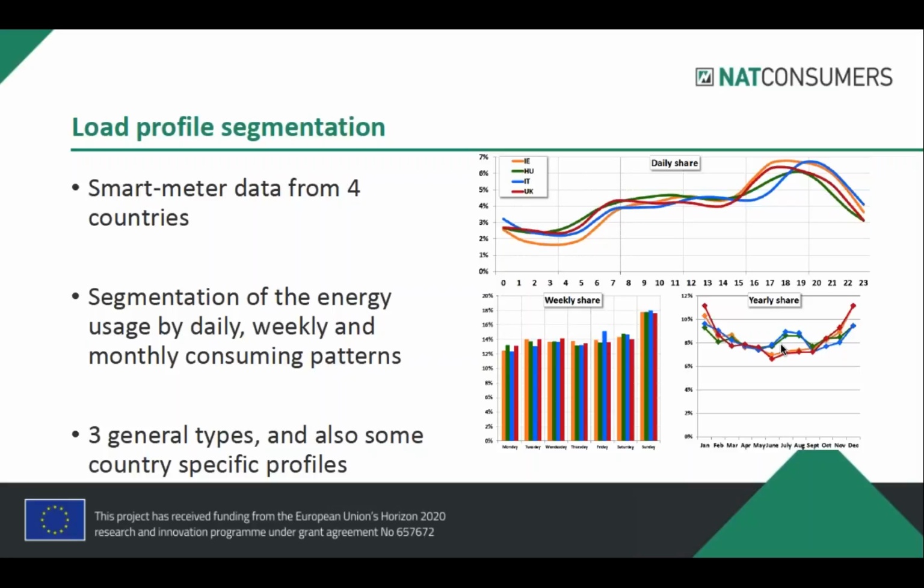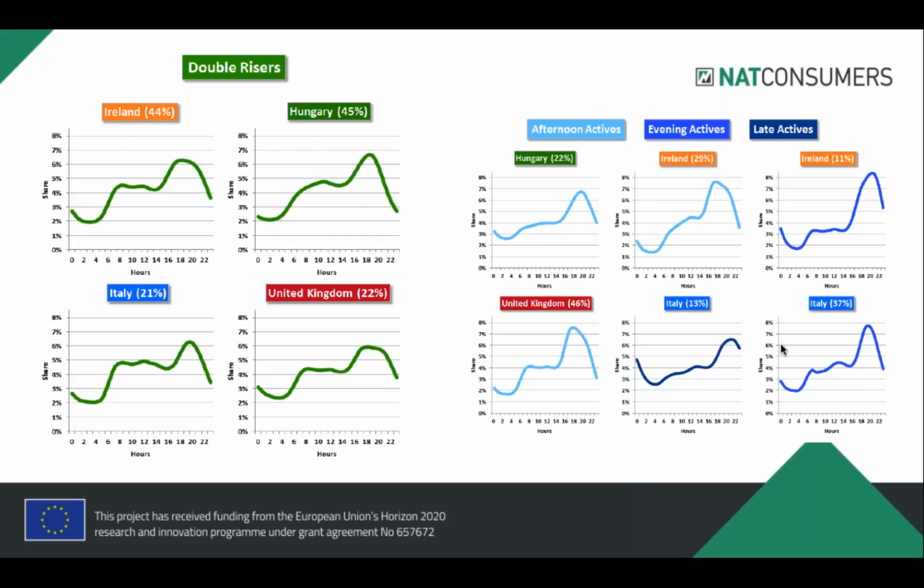Of course, in Italy, for example, it's because of air conditioning in the summer. We found 3 general types of load profiles and also some country-specific profiles. Very briefly, I won't go into details. There was a load profile we called double risers. This was the biggest load profile in Ireland and Hungary. As you could see, they have two steps in their consumption, one in the morning and one in the afternoon.